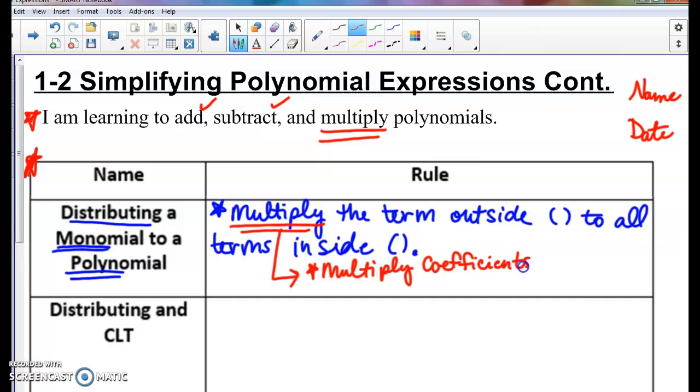Coefficients is our number in front of our variables. And then we're going to add exponents of the same variable.